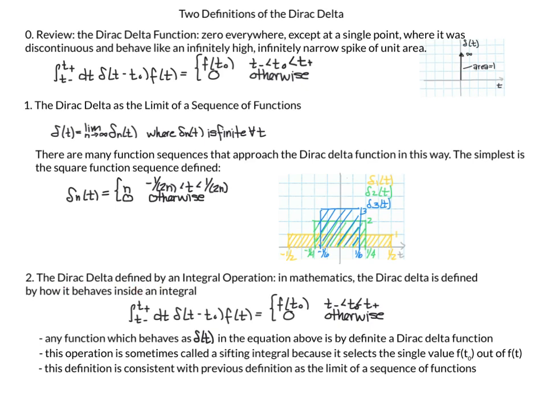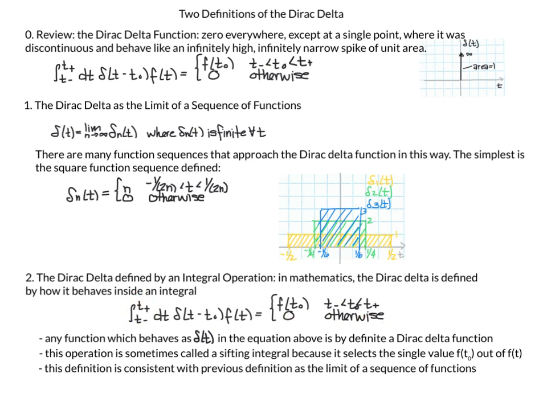This next definition is exactly the one we had left off with in our last video. We define the Dirac delta by an integral operation. Any function delta of t minus t naught is considered a Dirac delta if, when you integrate the Dirac delta times a function between something to the left and something to the right, the result is equal to f of t naught when t naught is in the limits of integration, and 0 otherwise.